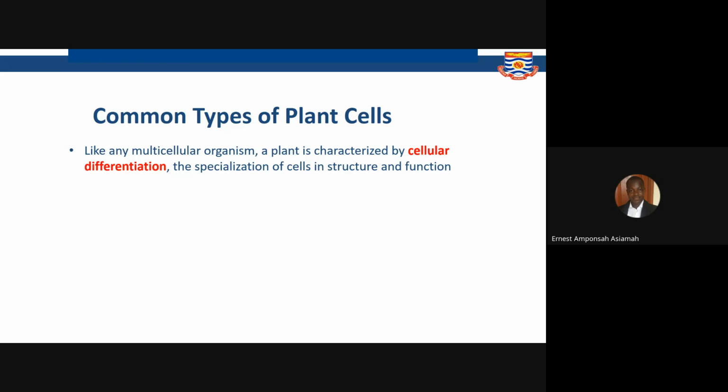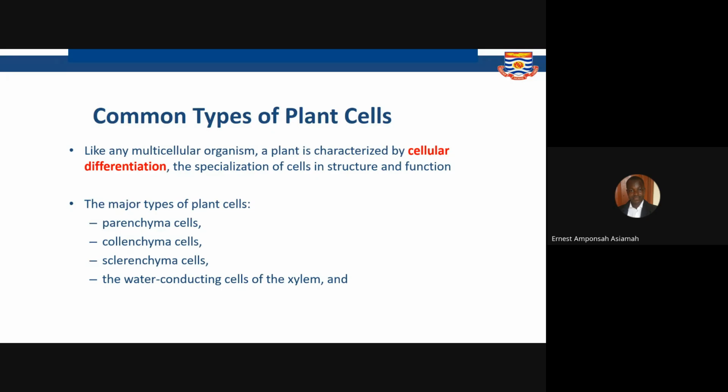They all have the same genome, but in specific cells, depending on the function, a particular set of genes will be turned on and others turned off, and this will bring about cellular differentiation. So the major types of plant cells that we have are parenchyma cells, collenchyma cells, and sclerenchyma cells.